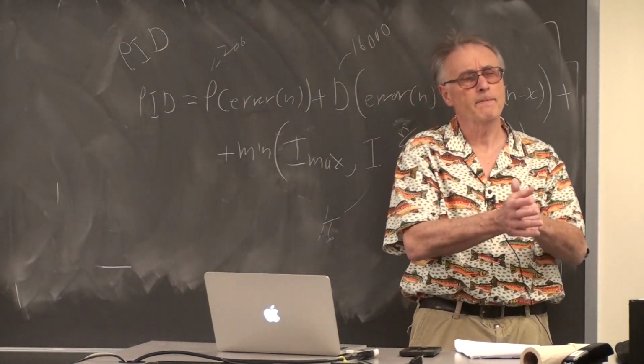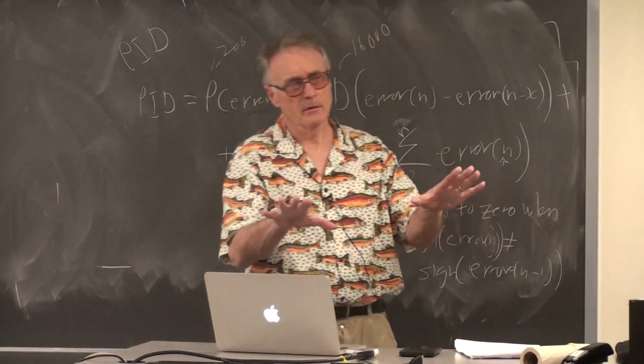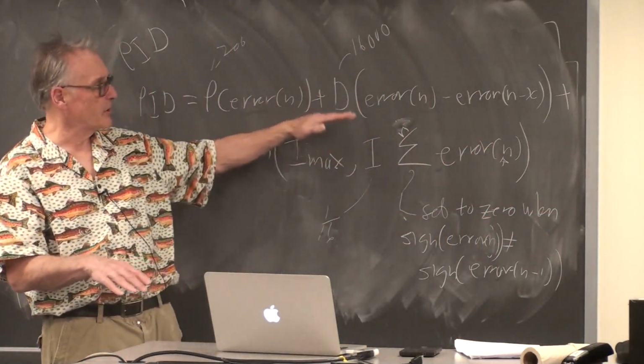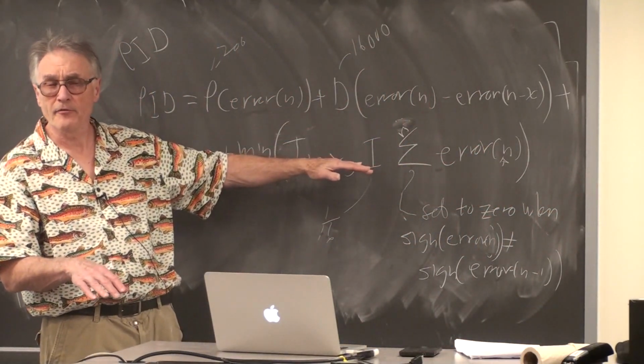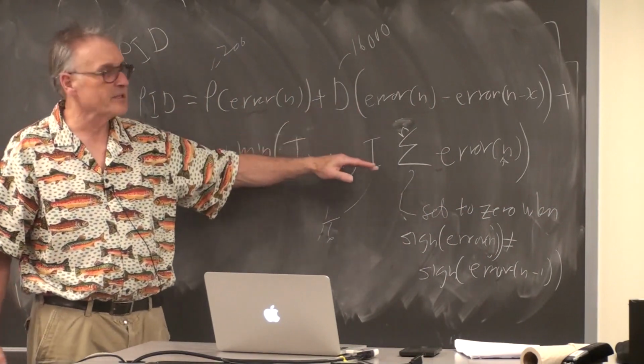Questions? There's a lot here. The bottom line is a fairly simple equation you're going to have to program up fairly fast because it needs to run 1,000 times a second. You're going to do all these estimates 1,000 times a second.